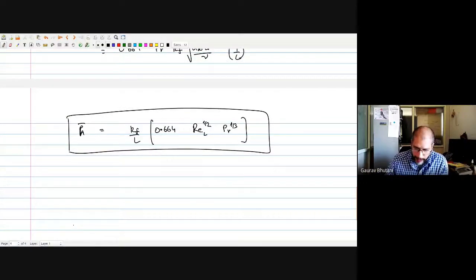So again, Nusselt number, which was h bar L by kf. So this is Nu bar for L. So we write L because we are using the length L here. So this is nothing but h bar L by kf, which is 0.664 Re L to the power half Pr to the power 1 by 3.